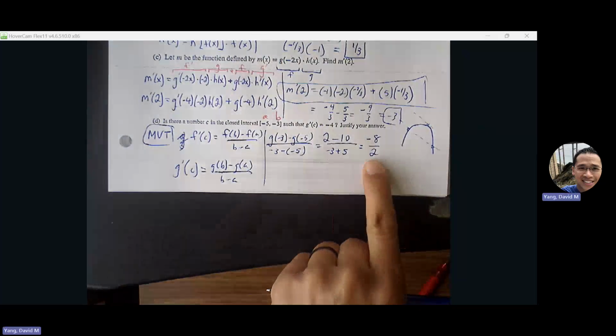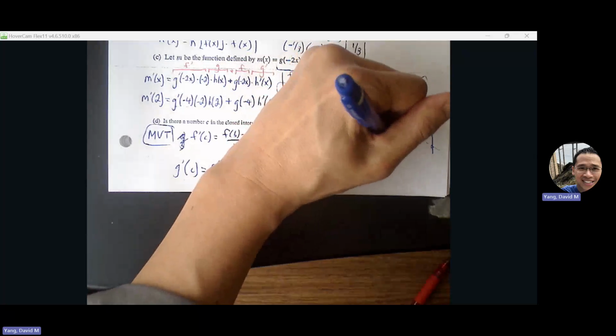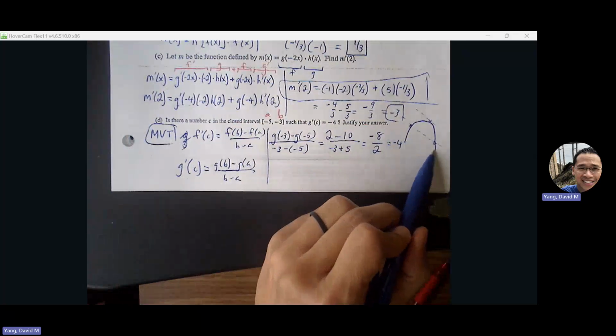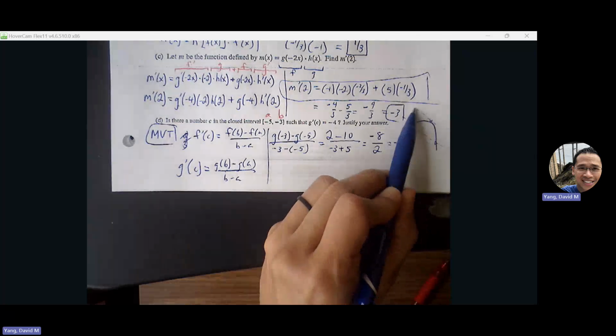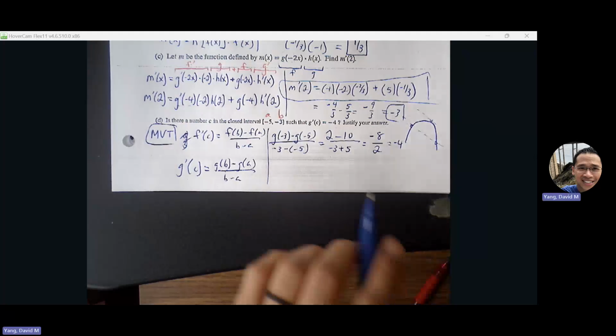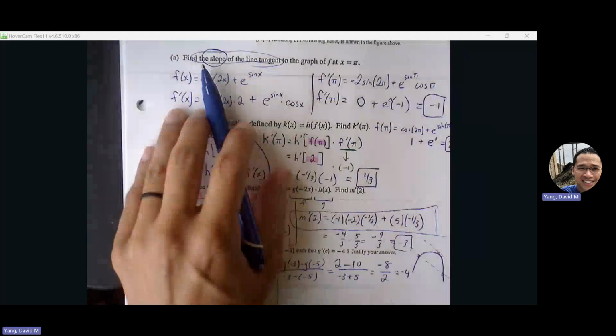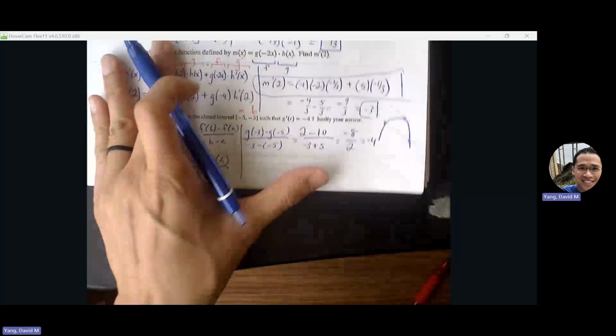Are we able to get that -4 that they're asking for? Yes. So the slope between the two endpoints is producing -4. So if there's a slope of -4 between the two endpoints, there must be an exact slope of -4 somewhere along the curve, as long as our function is continuous and differentiable, which it is, right? They say that g of x is a differentiable function, which assumes continuity.